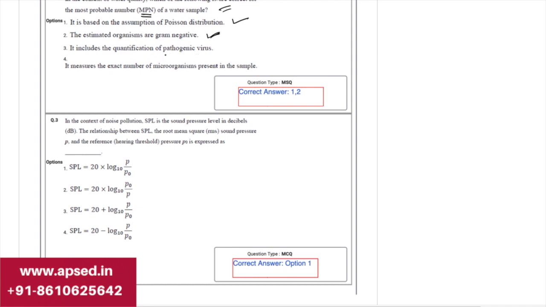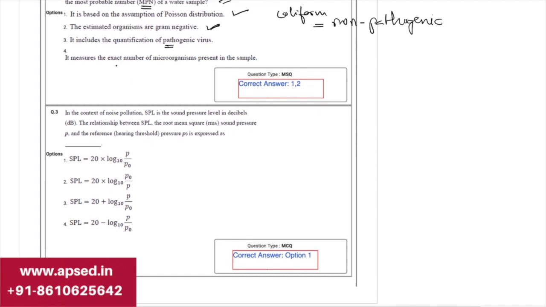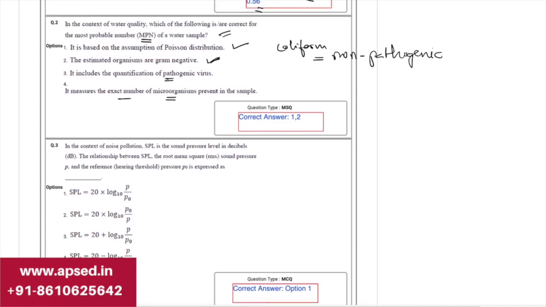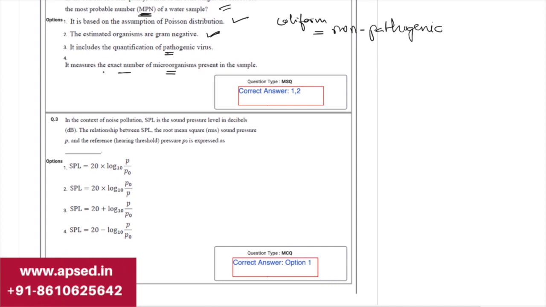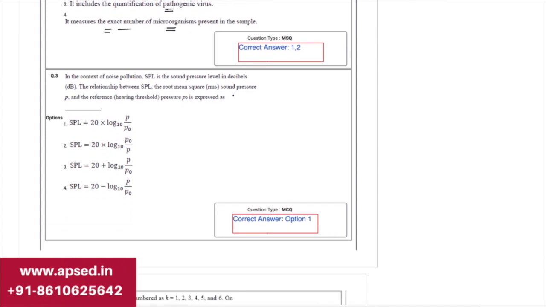Then next point is it includes the quantification of pathogenic virus. So in this test we use coliform group, and coliform group is a non-pathogenic group, so this option will not be correct. And similarly the last option, that it measures the exact number of microorganisms, as the name is suggesting that it is giving the most probable number, so it does not give the exact number here.